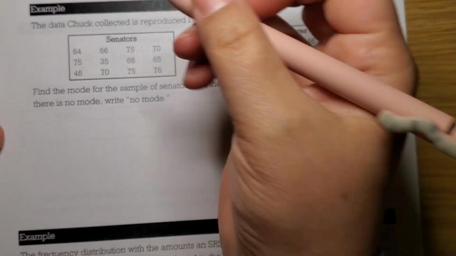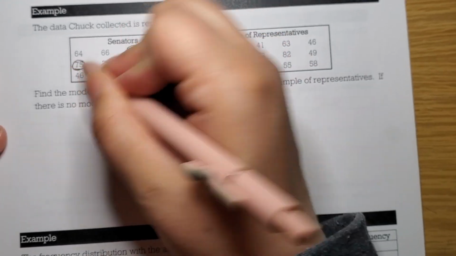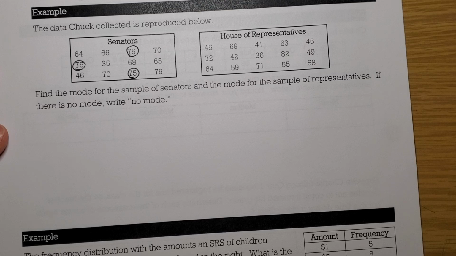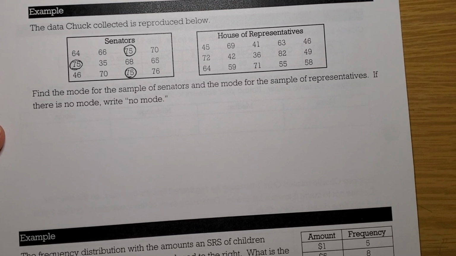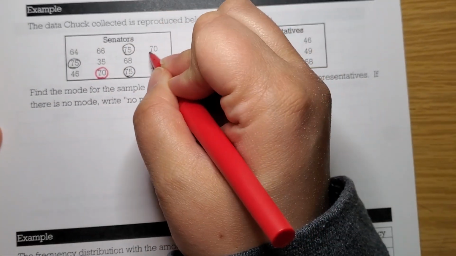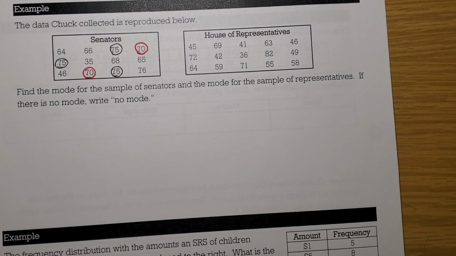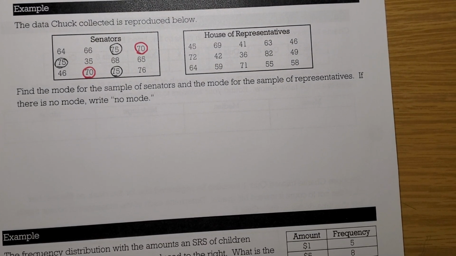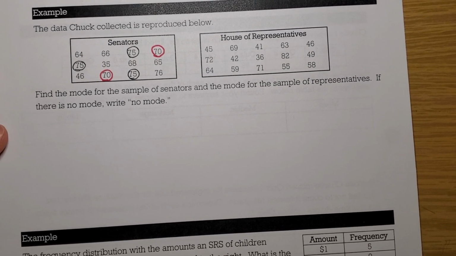I'm noticing a few 75s. That appears to be it for the repeating 75s. I'm also noticing that 70 happens a couple times. And none of the other numbers appear to repeat, right? So there's only 135. None of the 60s repeat.